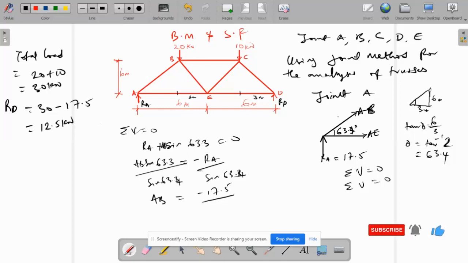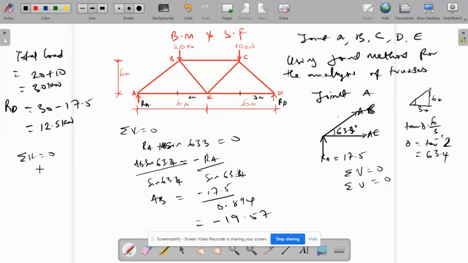Change this to 63.4. So what we have here is sine 63.4. What do we have? That's 0.894.